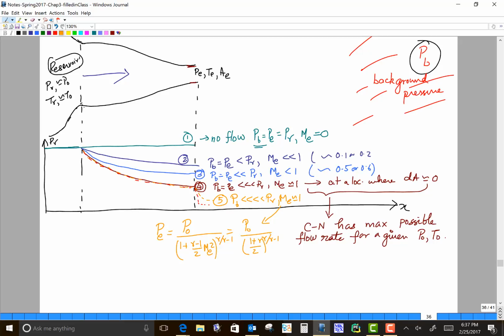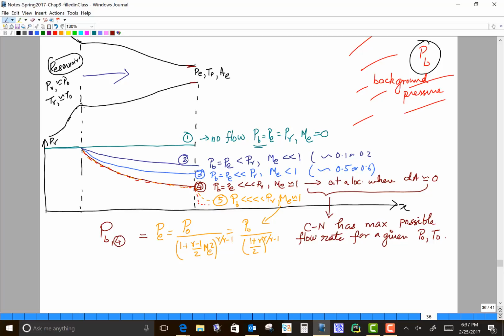So my PE is going to be determined from the dynamics within the nozzle, and the dynamics within the nozzle tells me that the exit Mach number can at most be 1. So my PE will correspond to this value, and this is the same value of PB that I had in case 4, okay?